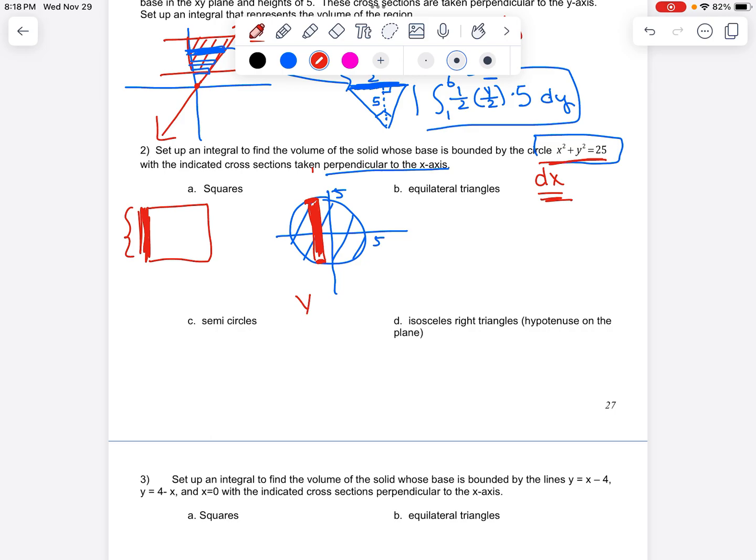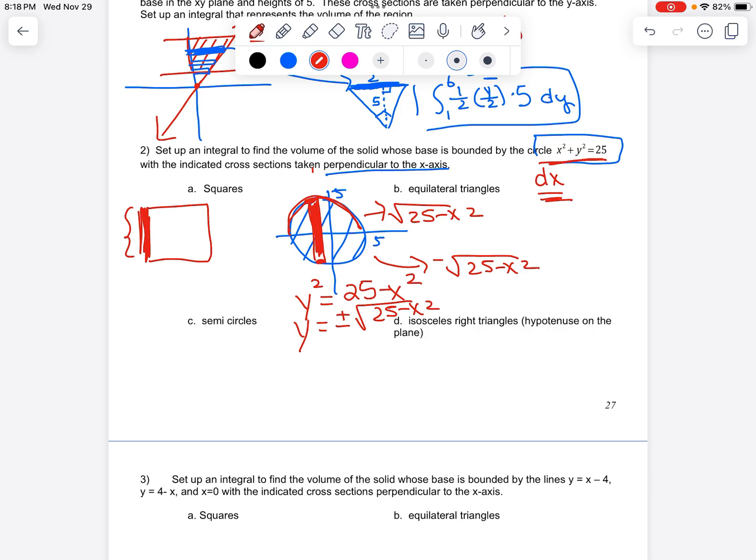But if I solve this equation of this circle for y, it's really plus or minus root 25 minus x squared. So the top part of the circle is the positive square root of 25 minus x squared. And the bottom part of the circle is the negative square root of 25 minus x squared. So it's those two equations put together that make the complete circle.